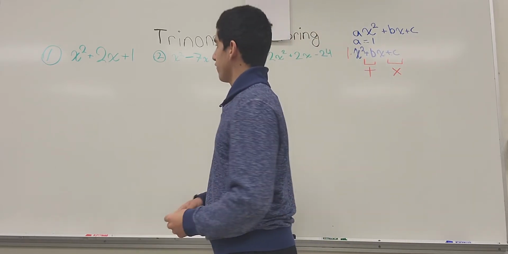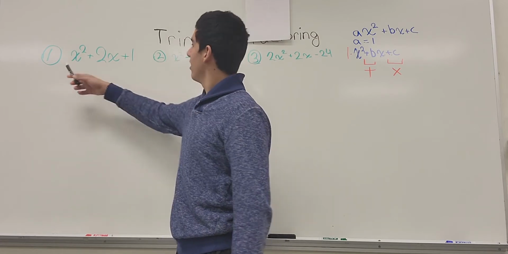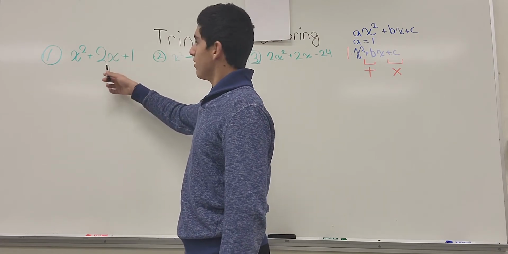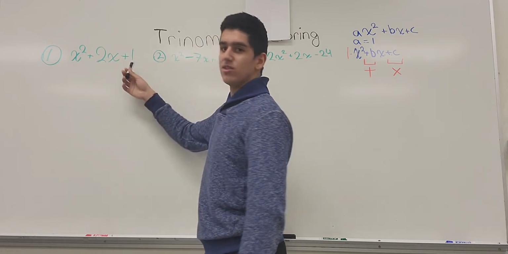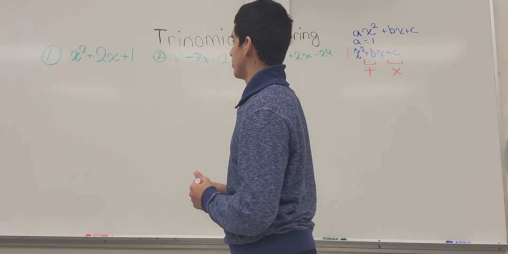Now for the first example, obviously for all the questions, our a is 1, our b is going to be 2, and our constant, or c, is going to be 1. So let's get started with this question.